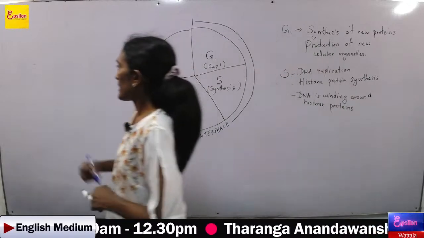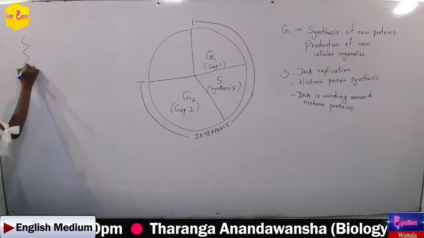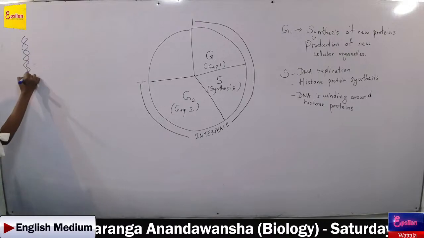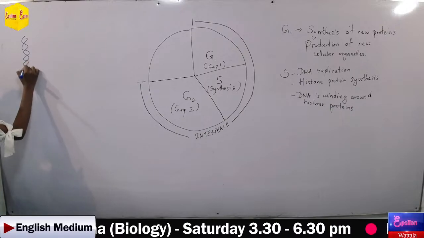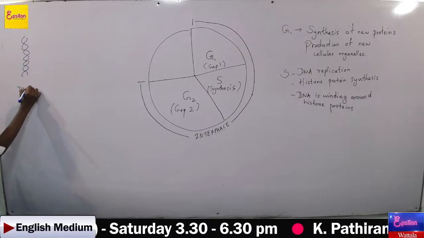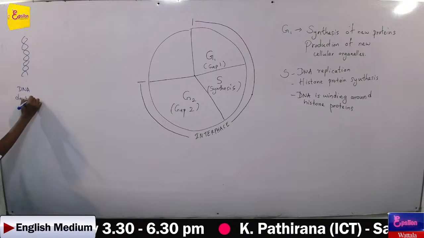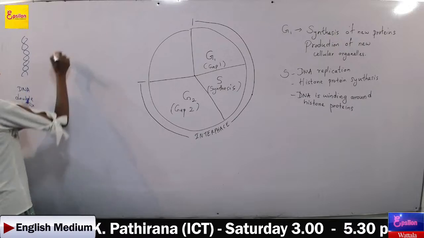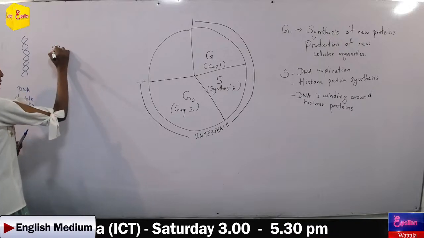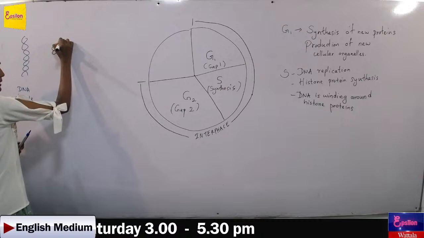It is like this, you know, DNA is something like this, no? So what is the structure we call? DNA double helix. This one is going to wind around 8 molecules of histone proteins.